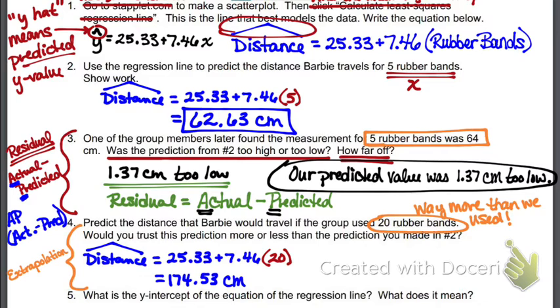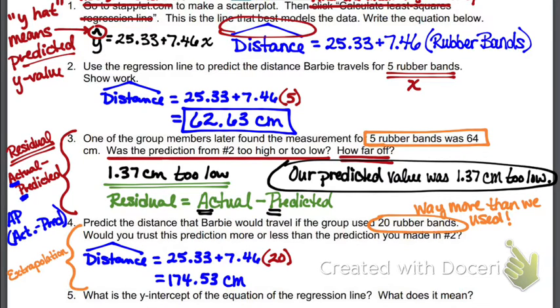Would you guys trust that prediction more or less than our predicted value in number 2? Or about the same? Do you think it's going to be about the same off? What do you guys think? Yes, sir. I would trust it more because it's based off the, what's it called? The regression line?